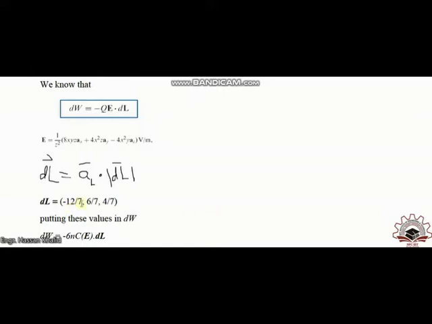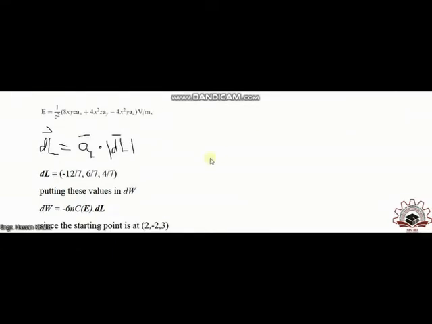Now we can put all these values into the equation to find the incremental work done, which equals 6 nanocoulomb times E, as given, dot dL. Since the starting point is (2, -2, 3), after evaluating this step you place E at these points to get your final incremental work done.